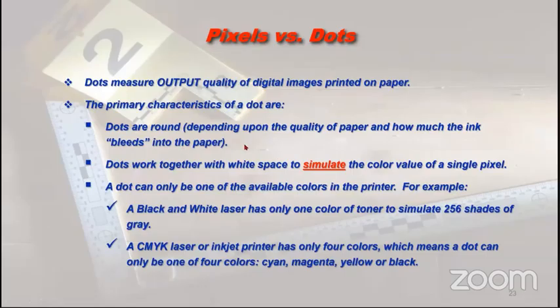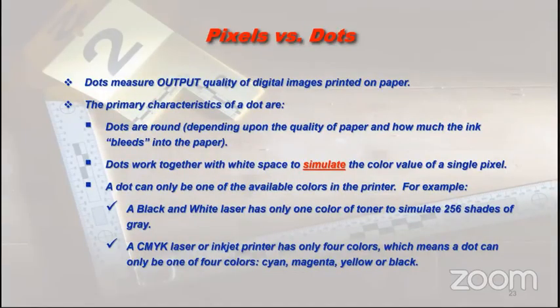First off, dots are round, but how much of the ink bleeds into the paper depends upon the type of paper and the type of ink that you're using. Also, dots work with white space or the white paper to simulate a color value. And a dot has only one single color value.